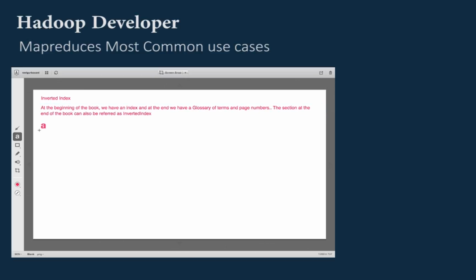Let's understand. At the end of the book, for example, if it's an RDBMS book, we'll have a term such as normalization. So what we have is the term and the occurrence.